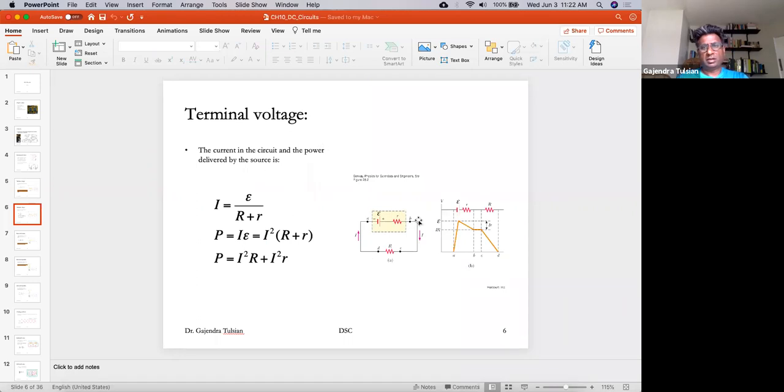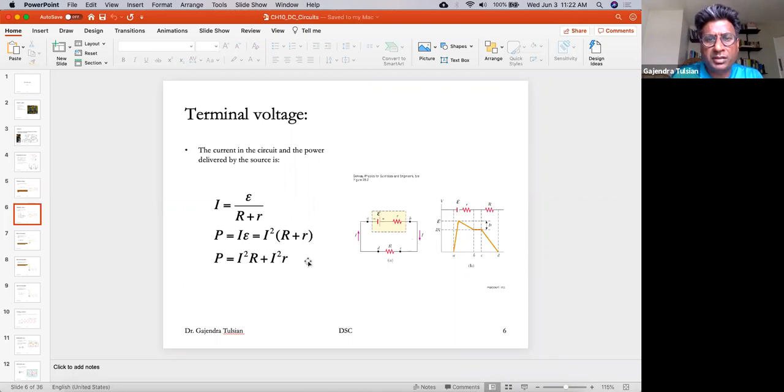All right, here again, the current in the circuit is the EMF of the battery divided by the total resistance in the circuit, which is R plus r.